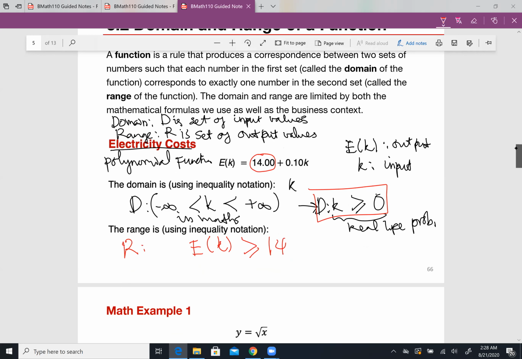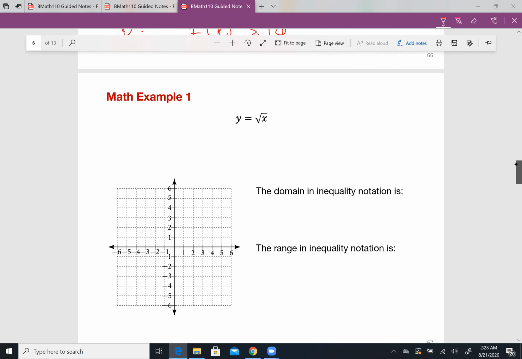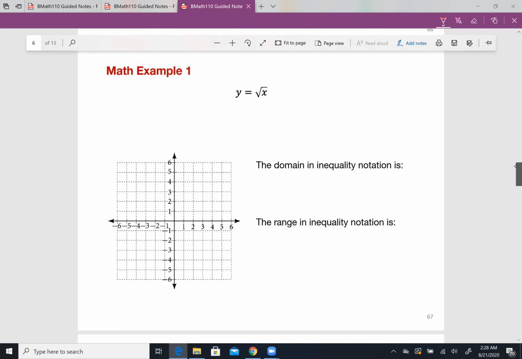So let me move down. Now, this is just a math example, so I don't care about any real life limit. I just care about math. In here, what kind of function is this? I'm going to say radical function.